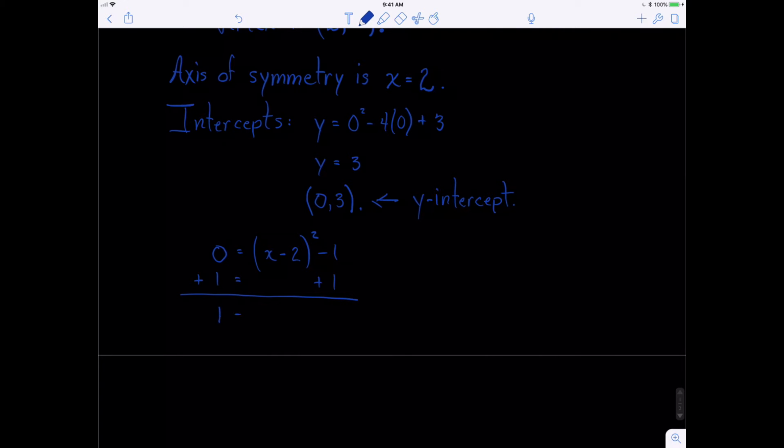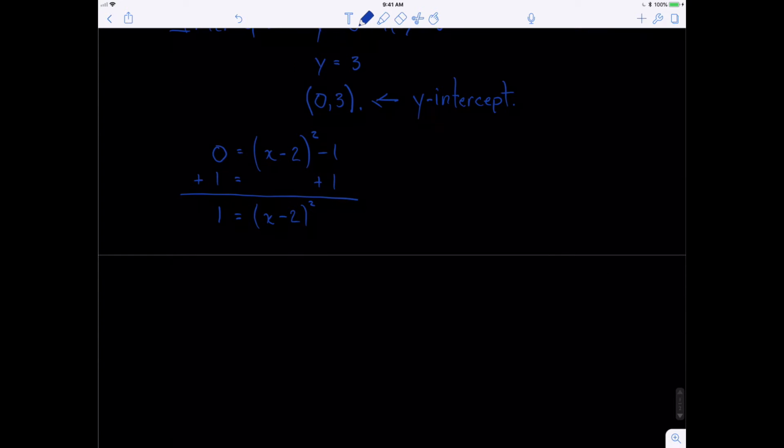So now I have 1 equals x minus 2 squared. I take the square root of both sides, so I have a plus or minus. So now I have plus or minus 1 equals x minus 2. Add 2 to both sides.